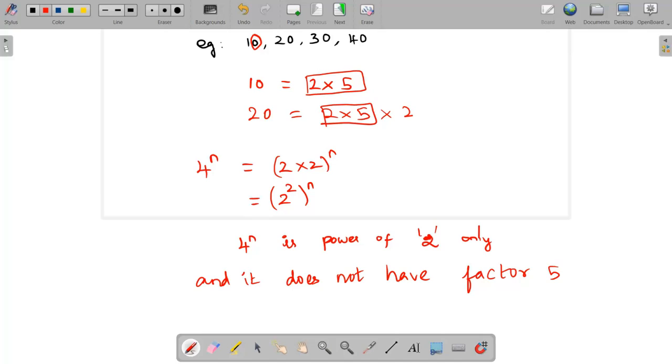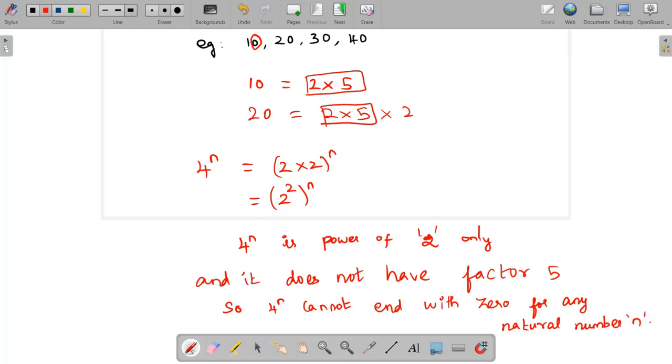So I can say that 4 power n cannot end with 0 for any natural number n.